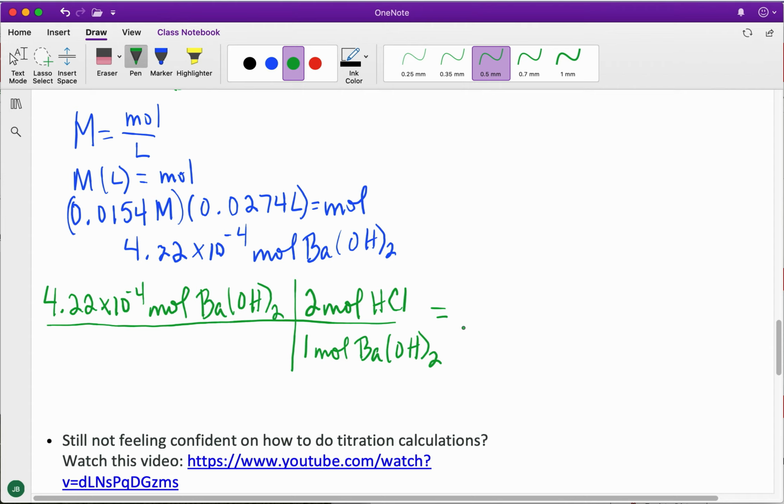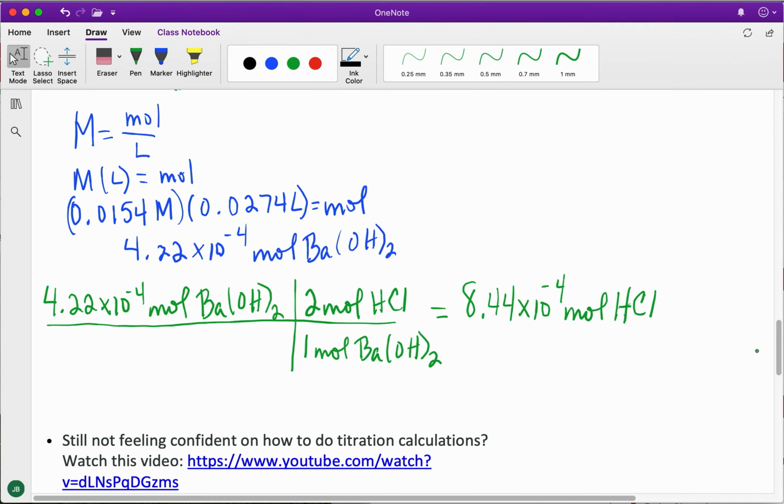And once again, we're going to do a little bit of punch and crunch, and you should come up with 8.44 times 10 to the negative fourth moles of hydrochloric.